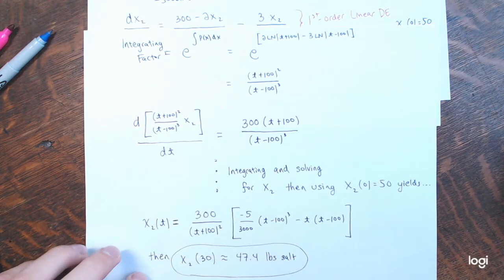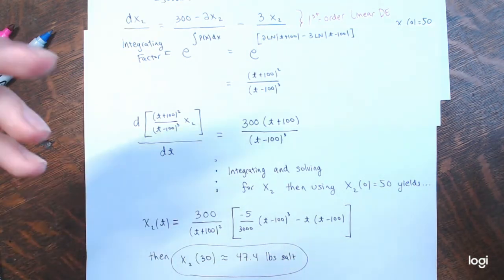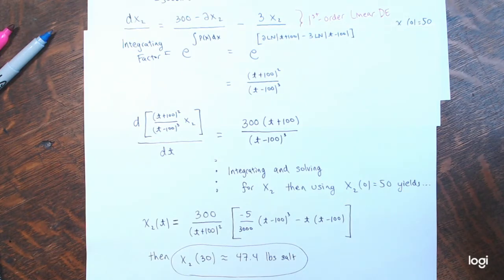Given that this closed system always has 150 pounds of salt in it, after 30 minutes there would be almost 47.5 pounds of salt in tank 2, so it would decrease by a little bit. It started off with 50 pounds. Half an hour later, it's down about 2.6 pounds.